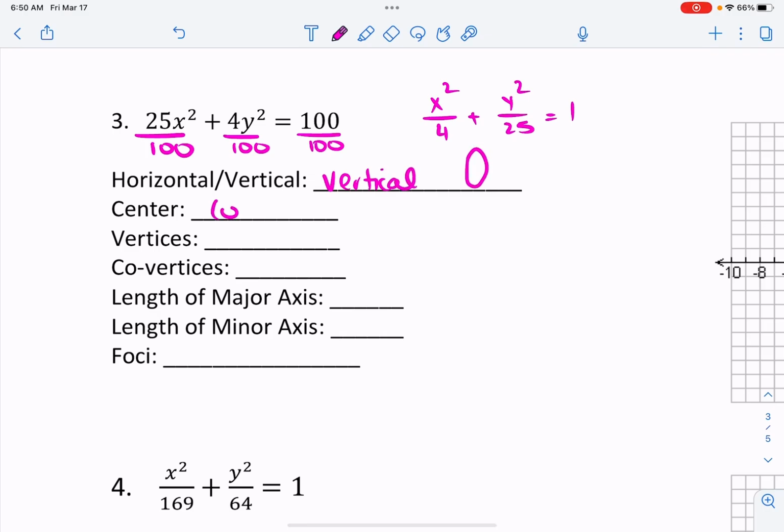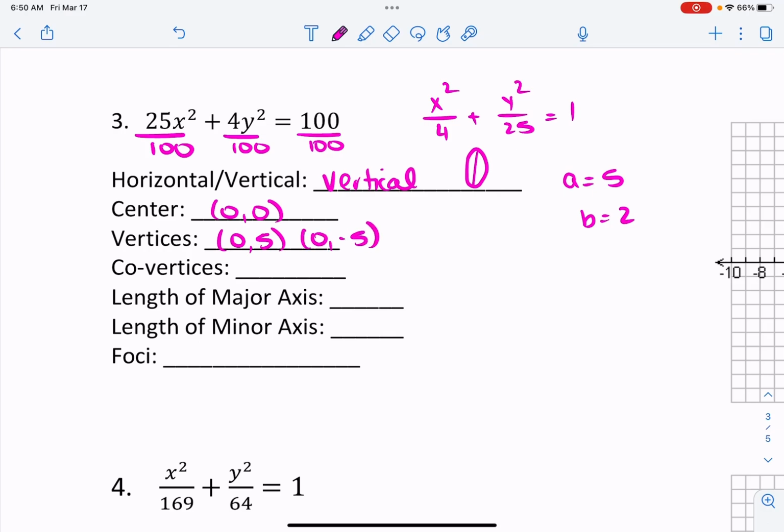The center here is at 0, 0. I'm going to illustrate what our a is. Our a is 5, and our b is 2, because we have to take the square root. Now because the ellipse is vertical, I have to add 5 and subtract 5 on the y-axis.